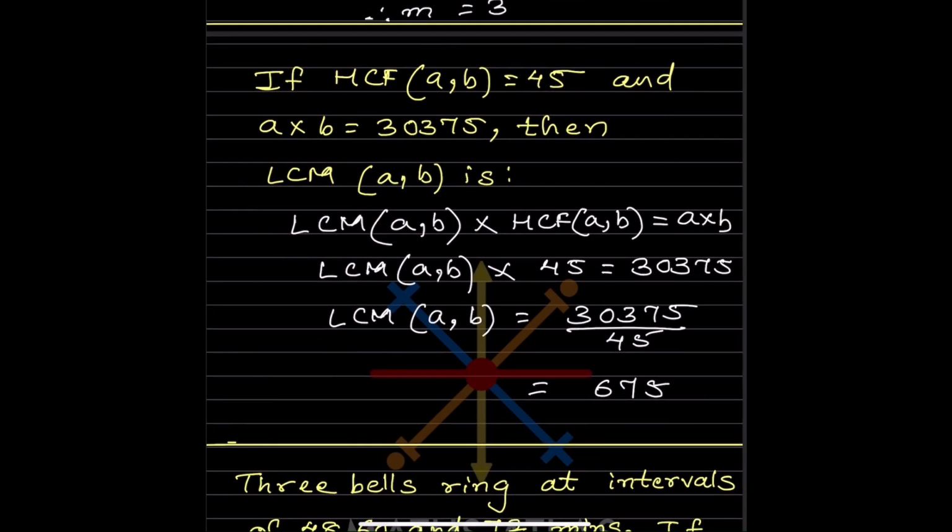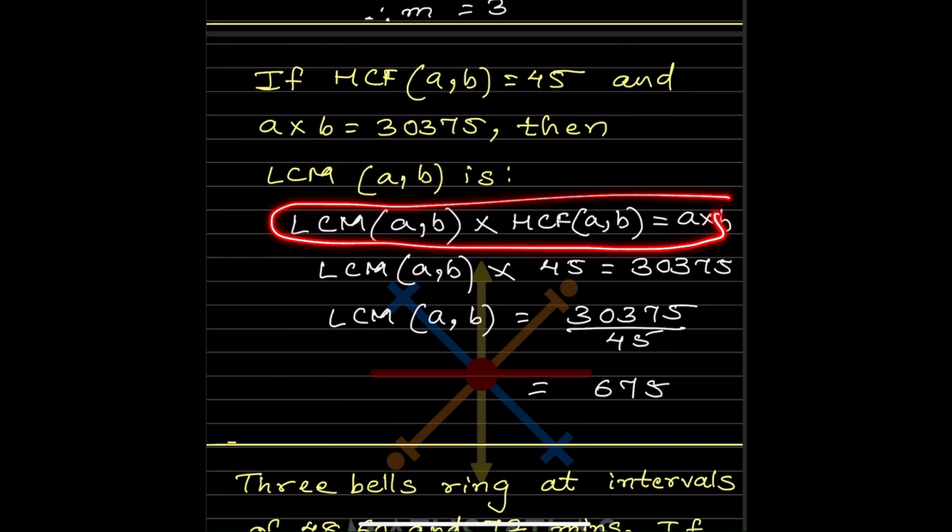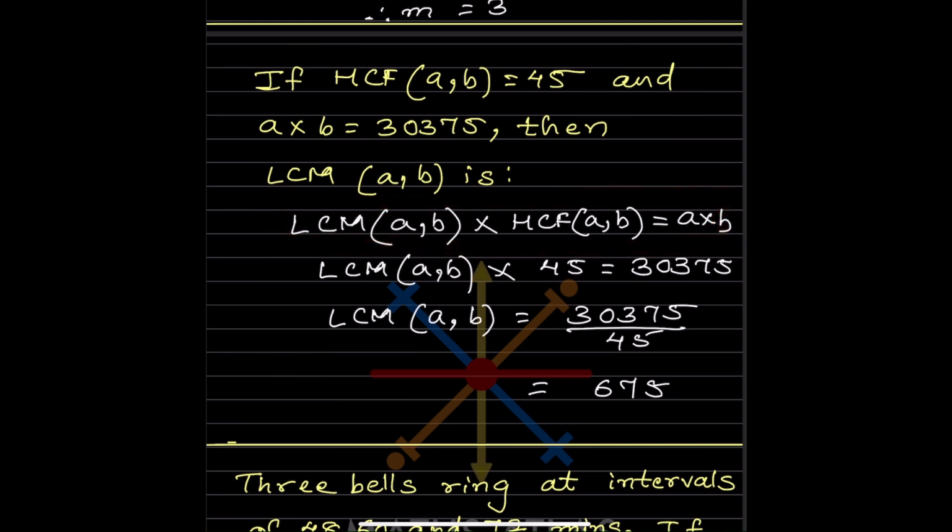So now let us see the next one. The HCF of A and B is 45, and A multiplied by B is 30375. Then we have to find the LCM of A and B. So now look here, LCM into HCF is A into B. So we don't know this LCM.